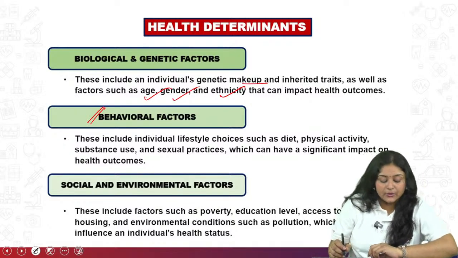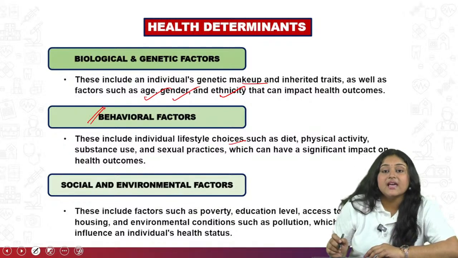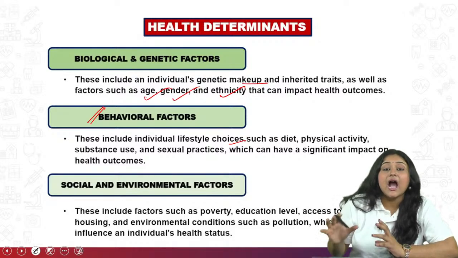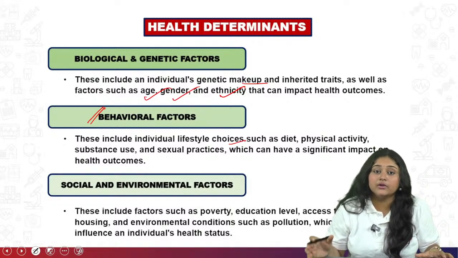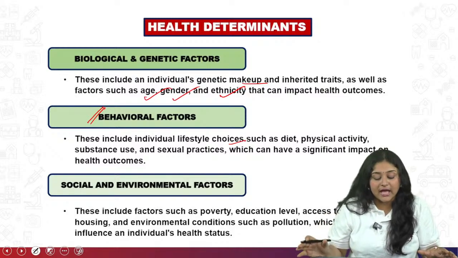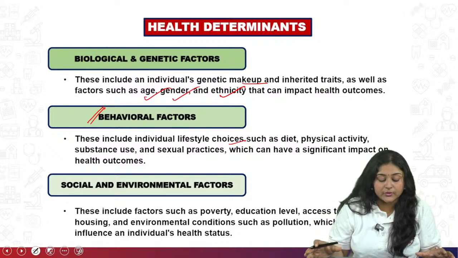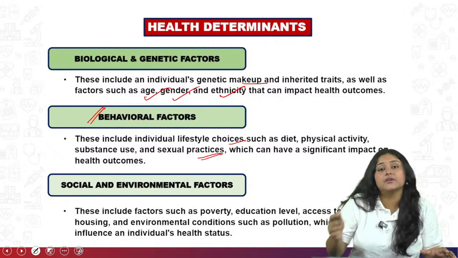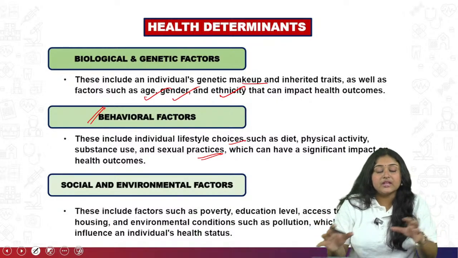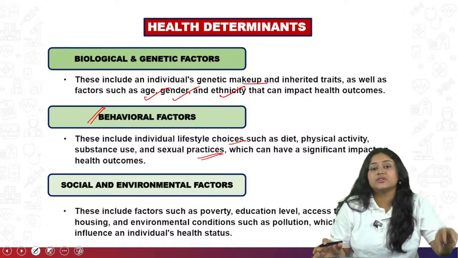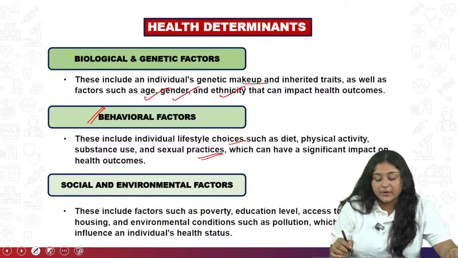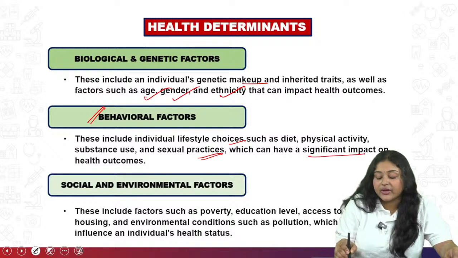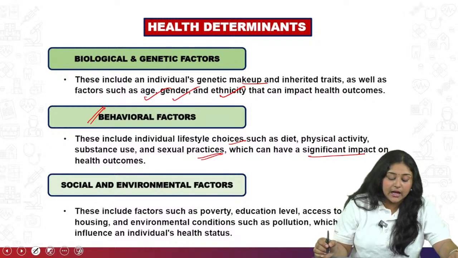These include individual lifestyle choices such as diet, physical activity, what food they take, how much physical activity they do, whether they abuse substances, as well as their sexual practices. These are the factors which mainly trigger emotional balance. So these are all under behavioral factors, and they have a very significant impact on health outcomes.